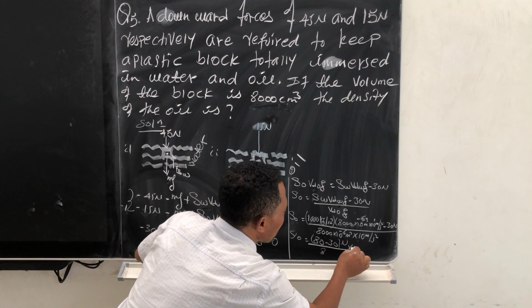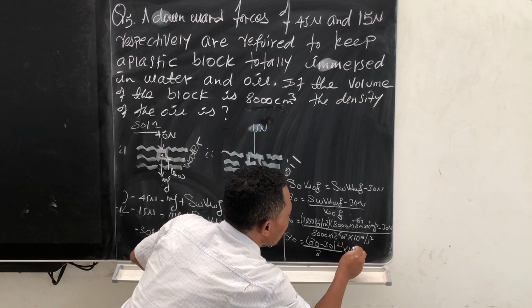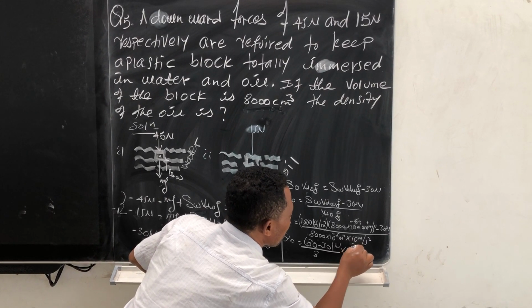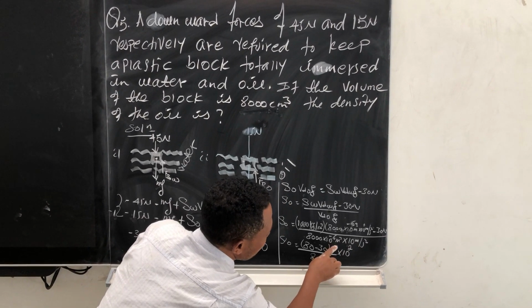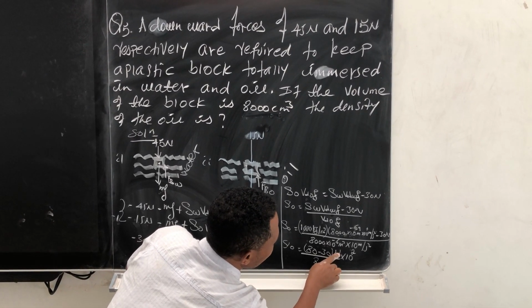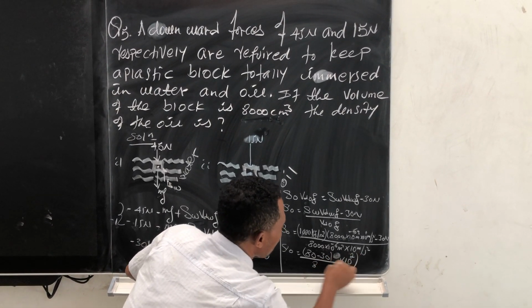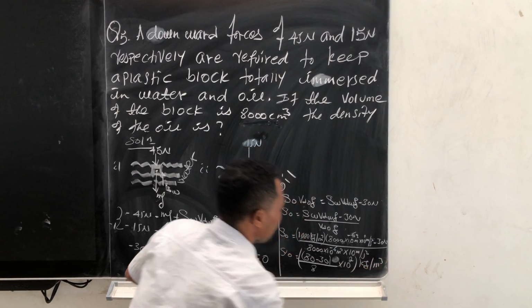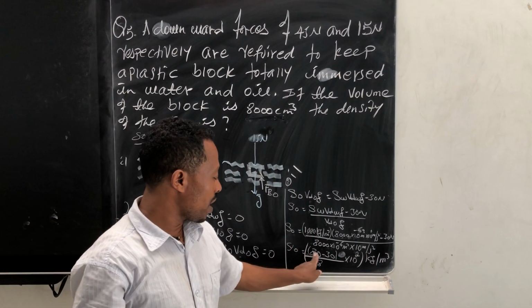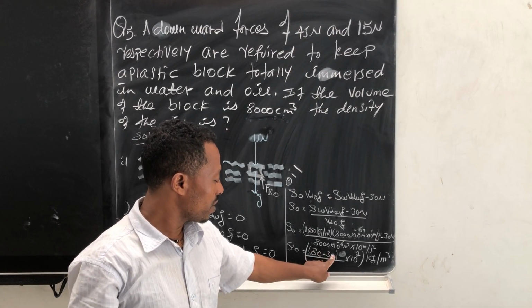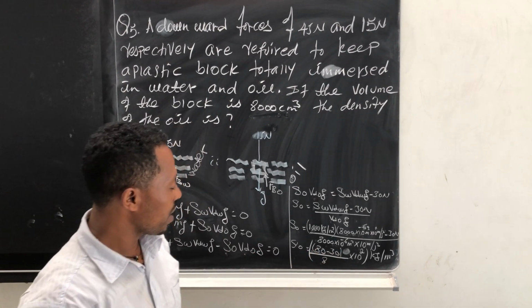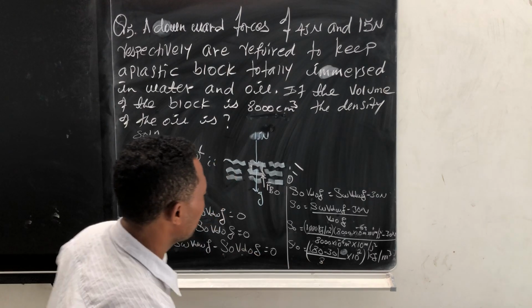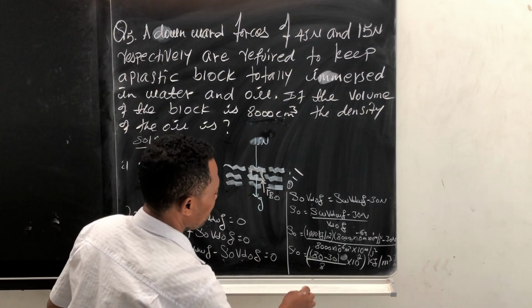Its unit becomes kilogram per cubic meter. This becomes 50 over 8, 50 over 8.